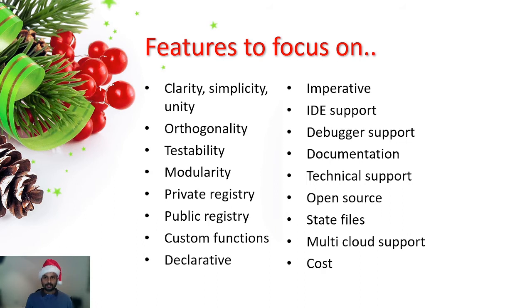One of the final points that I have is cost. It's a very good idea to have a very good language, but can we use it? Is cost important? Is it too expensive, or is it free because it's open source? Depending on that, we should find out which are the features of an ideal IaC language.